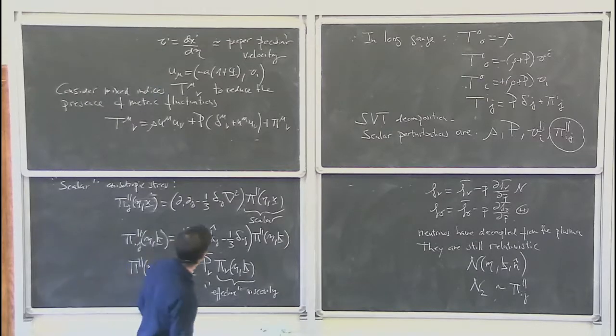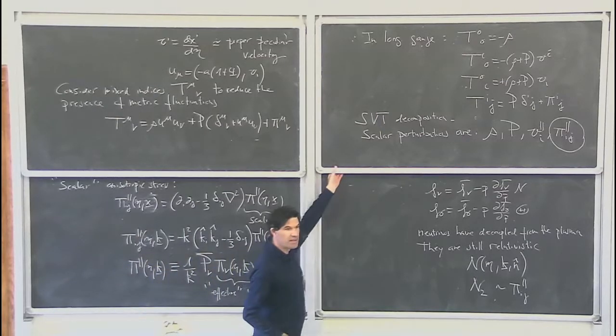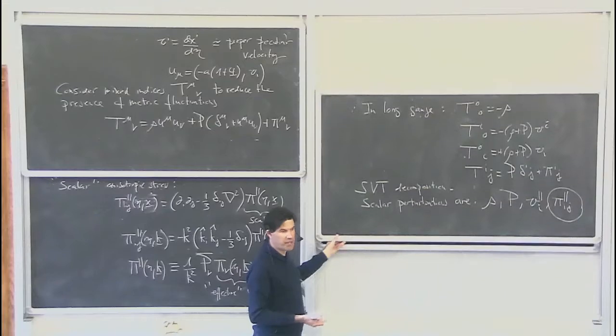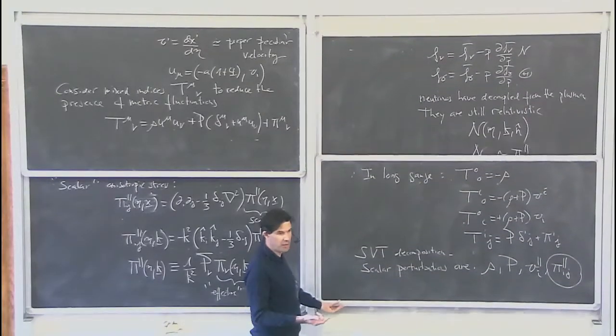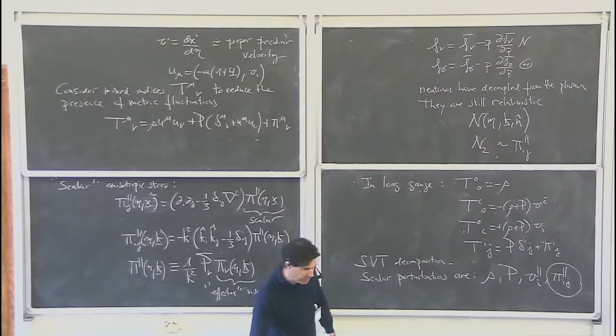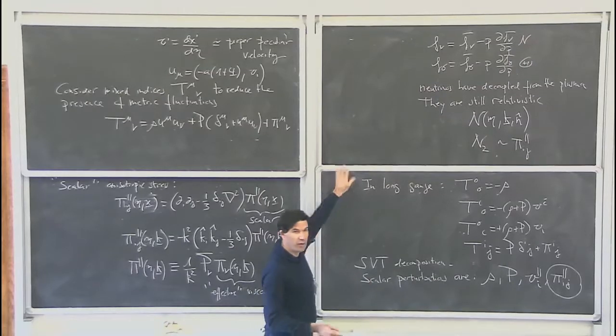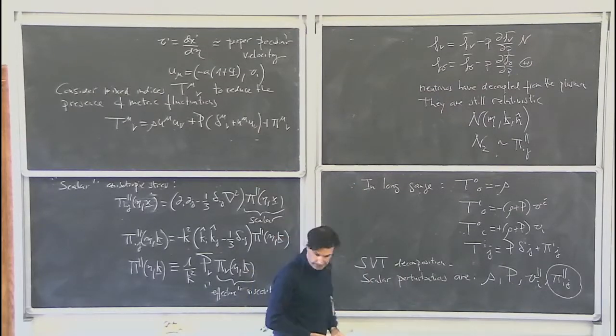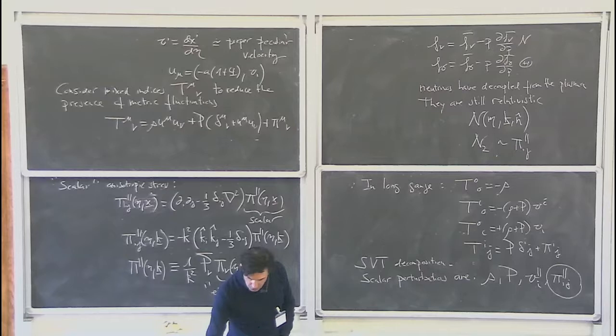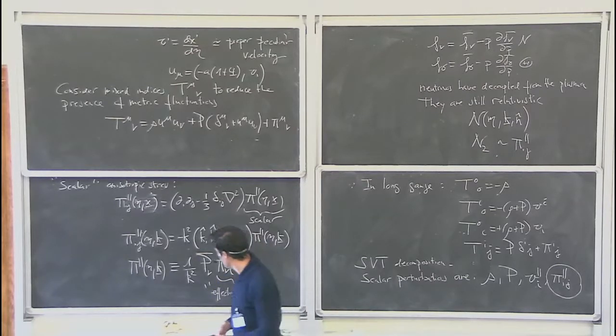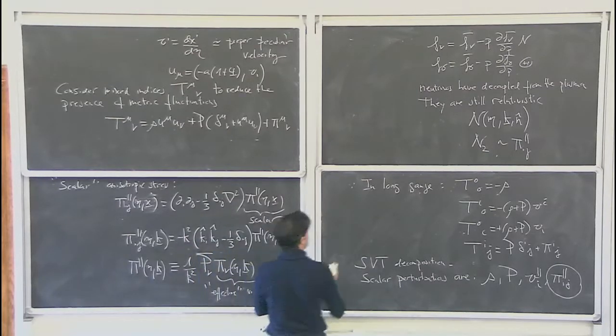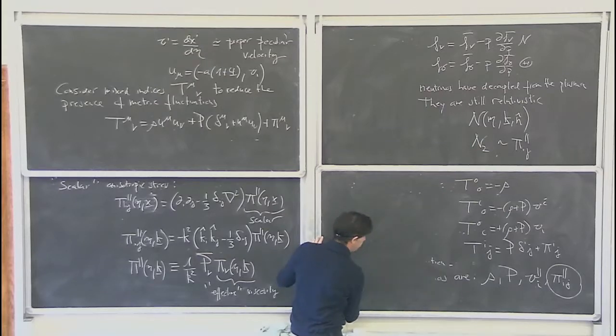So in order to check this, what we need is a microscopic expression for the energy momentum tensor of the neutrinos. How do I write this energy momentum tensor in terms of the distribution function? There is a general covariant expression, which I won't discuss. I will just give it.